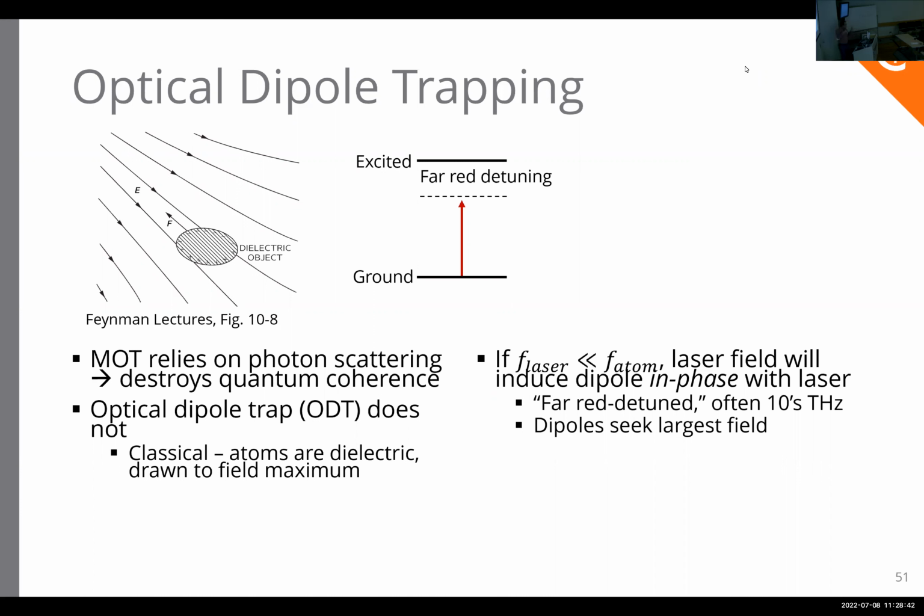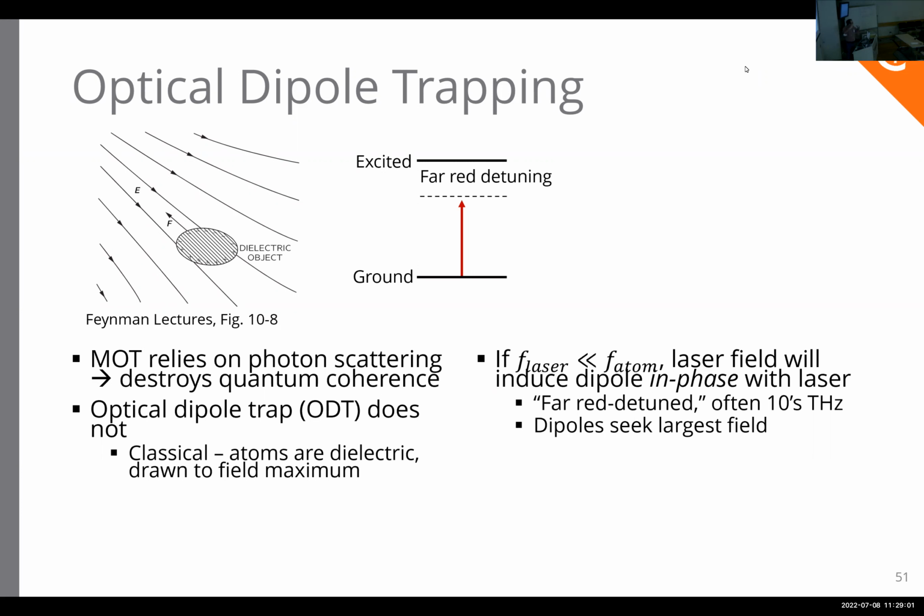A laser is an oscillating electric field. And if you're very far below the natural frequency of the atom, this oscillating field will induce a dipole in the atom, which is always in phase with the oscillating field.